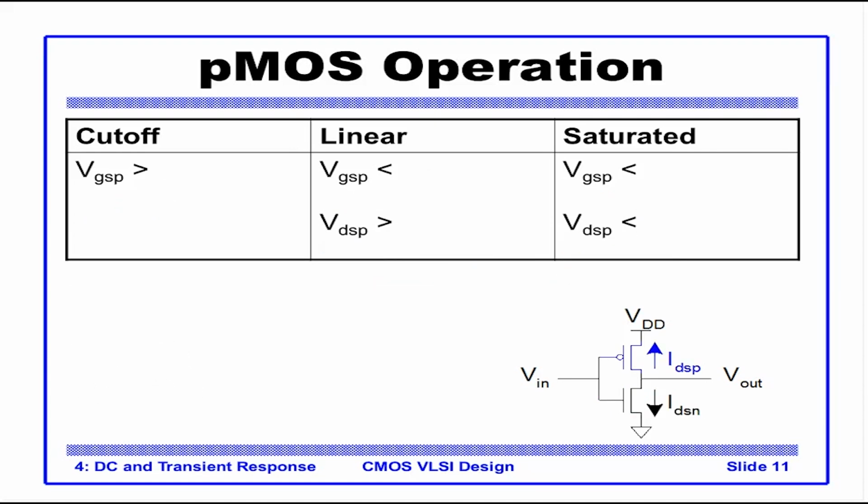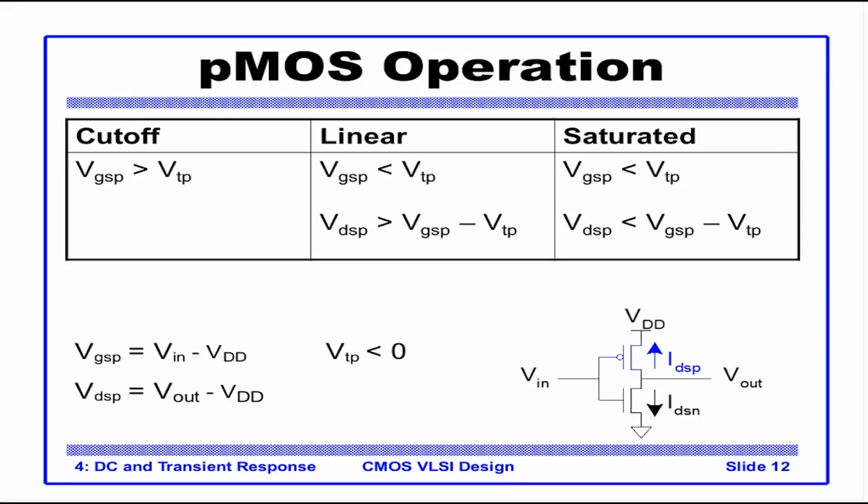Similarly, exactly the same equation for PMOS, just the polarities become different. So VGSP should be greater than VTP. Again, similar equations. We again convert them into Vin. Now here the difference is that the gate voltage VGSP is Vin minus VDD.